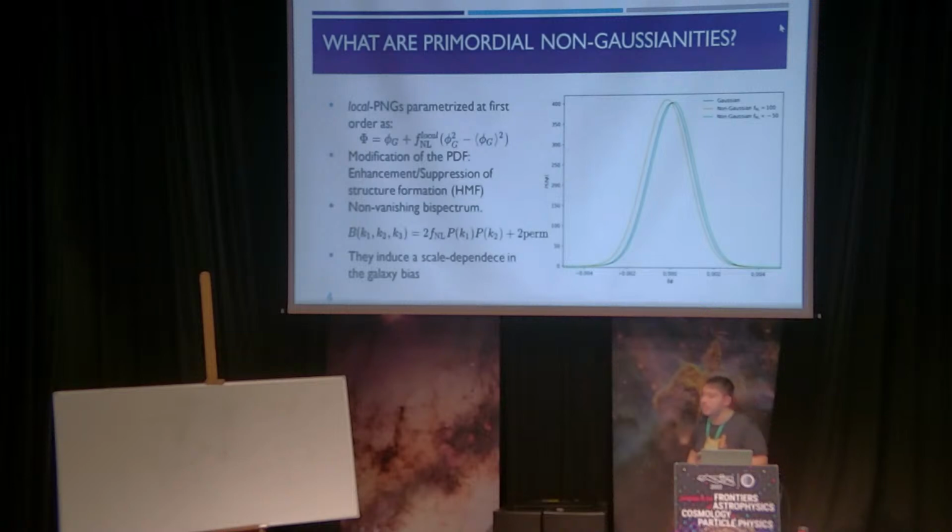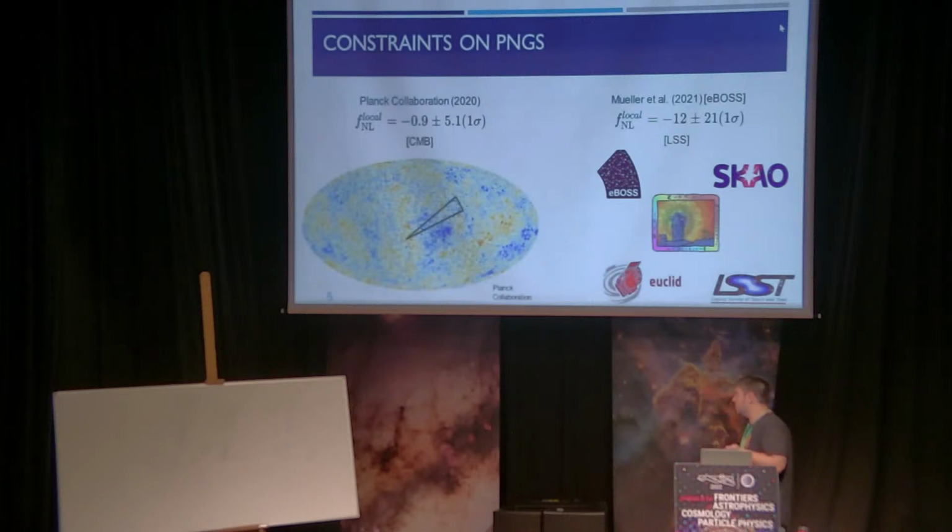And finally, maybe the most interesting one, is that they induce a scale dependence in the galaxy bias. The current tightest constraints, as introduced in the talks this morning, came from the Planck collaboration measuring the bispectrum, the 3-point correlation function, and lead to these constraints.